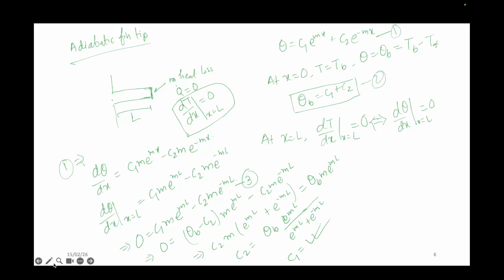So here the final equation, after solving, you will get theta by theta_b is cosh of m(L minus x) by cosh mL.